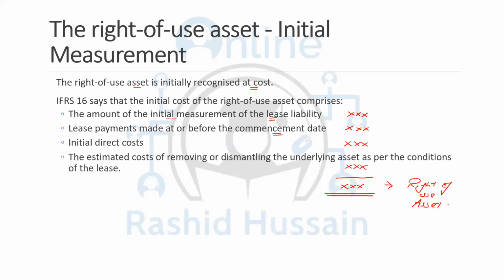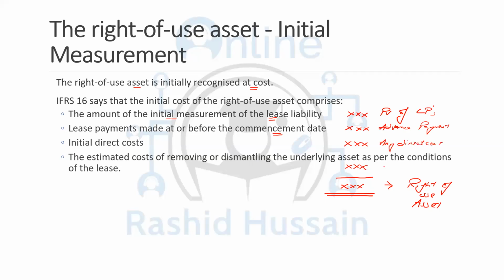So the amount of the initial measurement of the liability, that means the present value of the lease payments, plus the, so let me just write it so that you may write a formula with yourself. This is the present value of the lease payments. LP means the lease payments. This is the advance payment, or you can also say the down payment, upfront payment, initial direct cost, any direct cost to bring the asset into working condition.